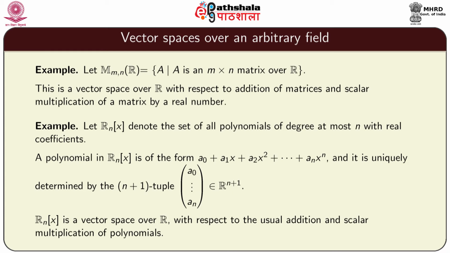The addition is nothing but the addition of matrices, the usual one, and the scalar multiplication is the scalar multiplication of a matrix by a real number, let us say lambda. And how do we do that? We just multiply each entry of the matrix by the real number lambda. With respect to these two operations, it is an easy exercise to check that M_{m×n}(R) is a vector space over the field of real numbers.